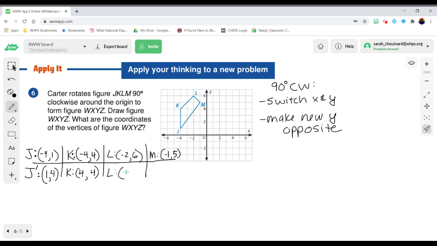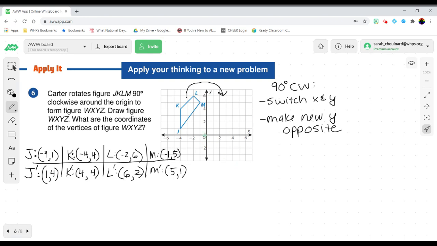Switch X and Y, new Y becomes opposite, so it's +2. Oops, sorry, these should be prime. Switch X and Y, make new Y opposite. And this is great because if I'm going clockwise, the clock goes this way, I'm going 1 quadrant to the right. All of these are positive, that's great. Every coordinate in this quadrant is positive.